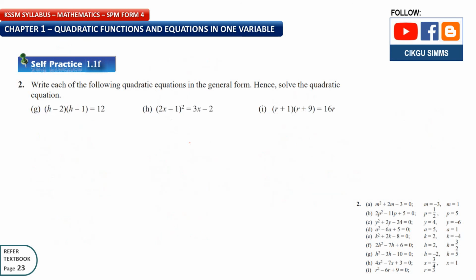Okay, so let's move on to question G. This one you need to expand. So first times first, first times second, second times first, second times second. First times first is h times h. First times second is negative 2h, and then negative 2 times negative 1 is positive 2.